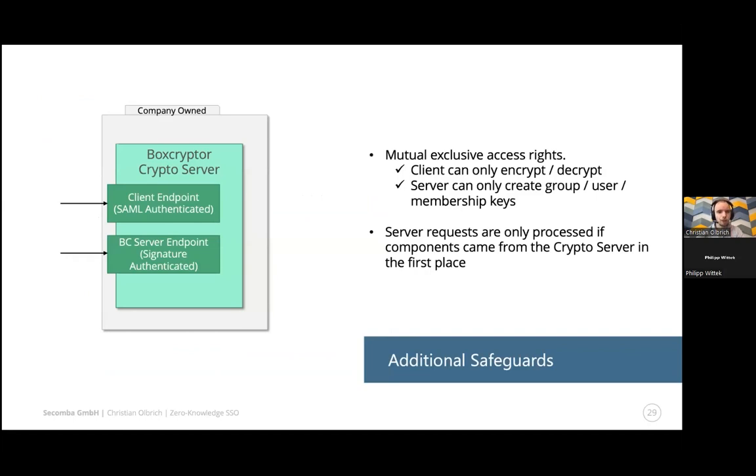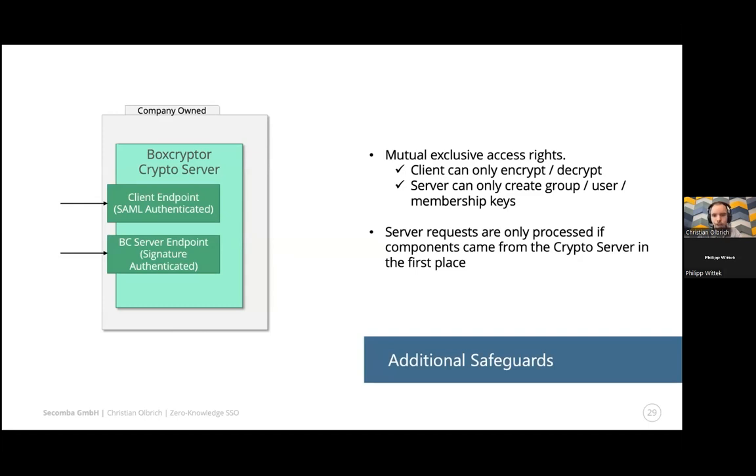So we've got some additional safeguards as well. This is, for one, the mutually exclusive access rights. So we've got two points of contact, pretty much. We've got the client endpoint. This one is SAML authenticated, and the client is only allowed to encrypt and decrypt the initial key that he gets.